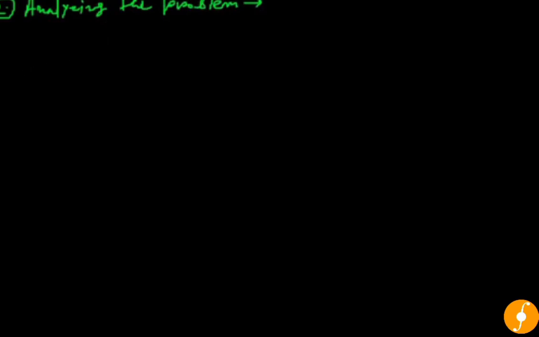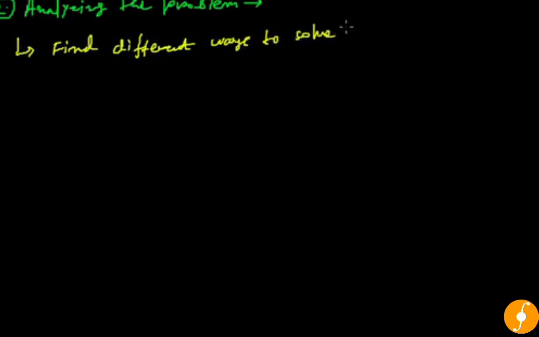Since we understood what exactly the problem is and the objective, now it's time to find different ways to solve the problem, because a problem can be solved in many different ways. So we'll find out all the possible ways to solve the problem.